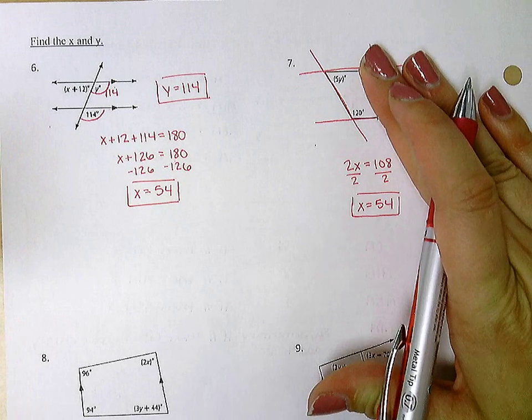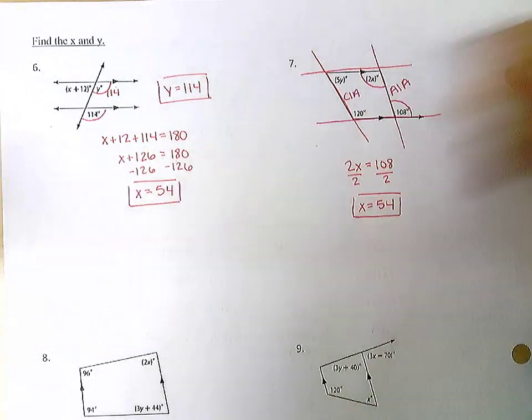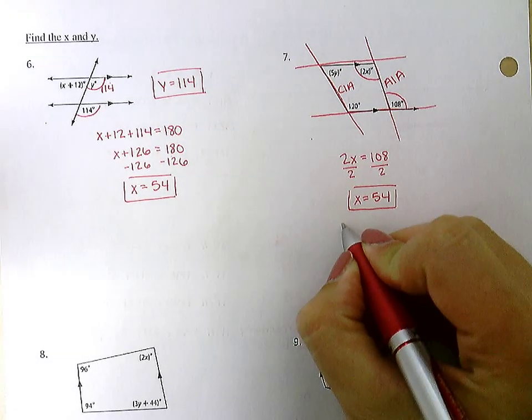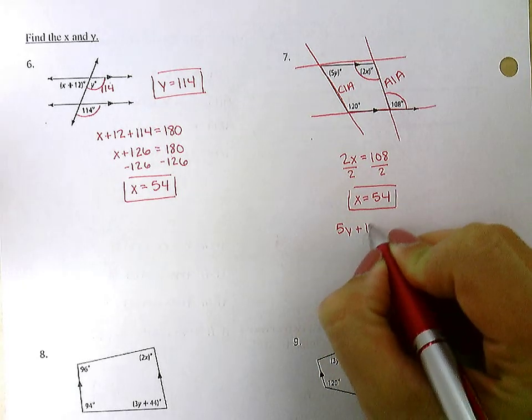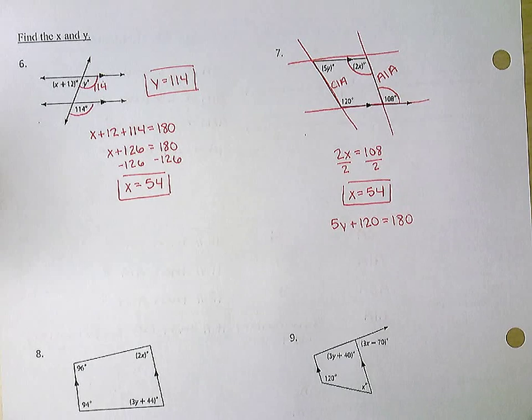What type of angle pair? They're consecutive interior angles. Okay, on the front, what does it say about consecutive interior angles? Not congruent. They're supplementary. Okay, so that means you can add them together to be 180. So I can add together 5y plus 120 to get 180.